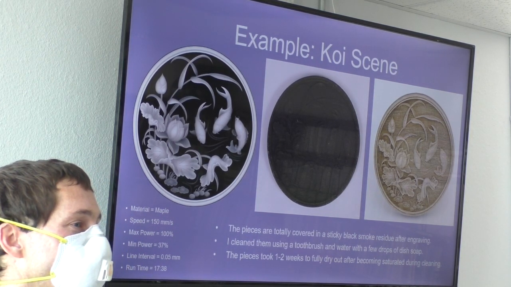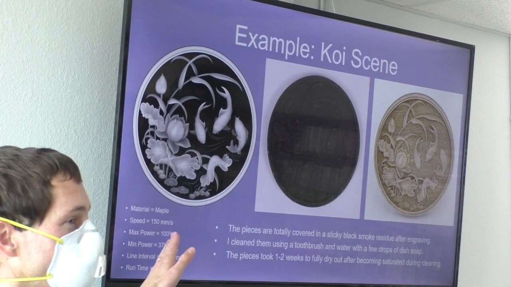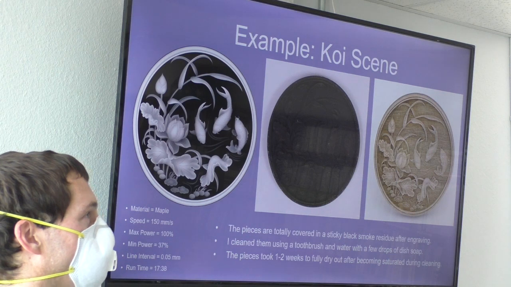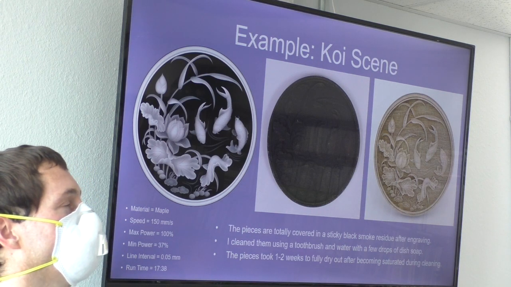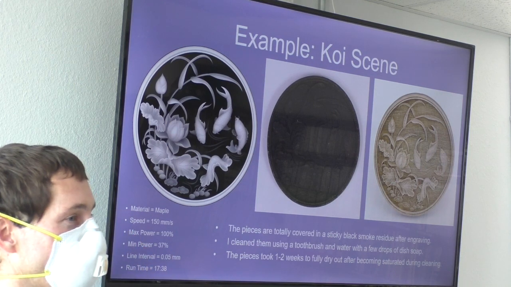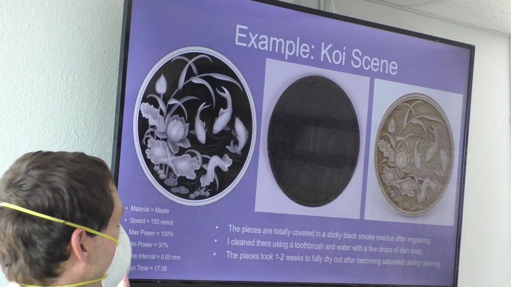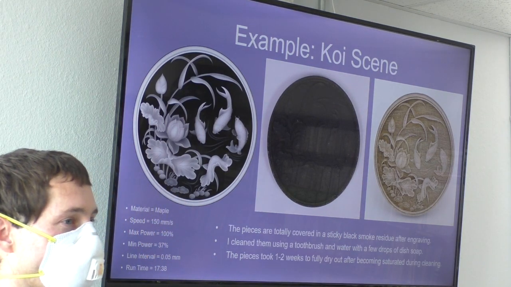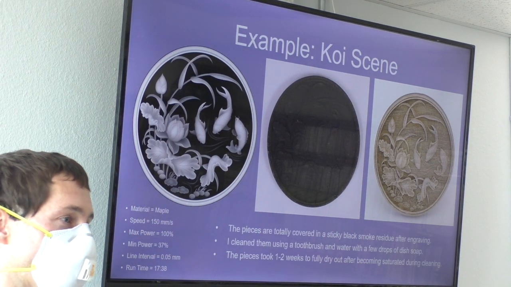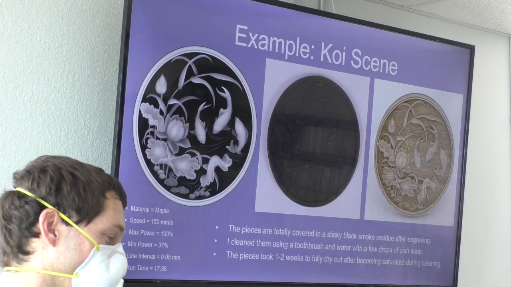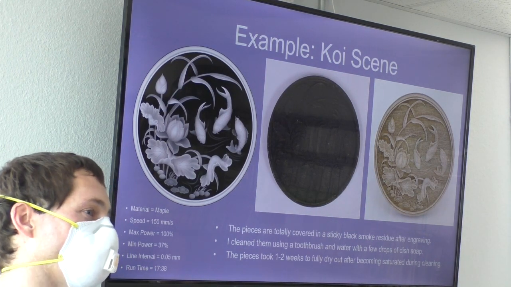Are you using multiple passes? This is all done with one pass. Have you tried using multiple? I have not. The reason I do that is because when you start with the stock, it's perfectly smooth and flat and clean and consistent throughout its entire depth. So as you're burning, the laser's always going to encounter the same stuff.